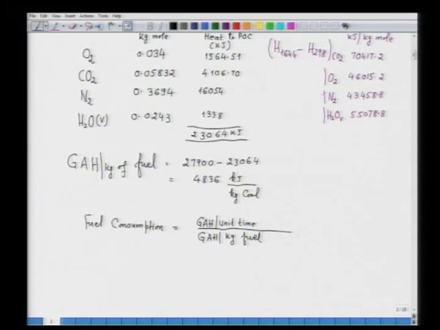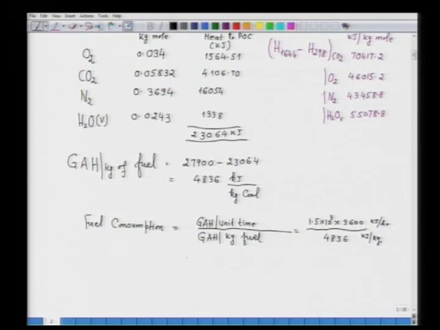If I substitute these values, that will be 1.5 into 10 to the power 3, given in kilowatt, into 3600, which becomes kilojoule per hour, divided by 4836 kilojoule per kg.